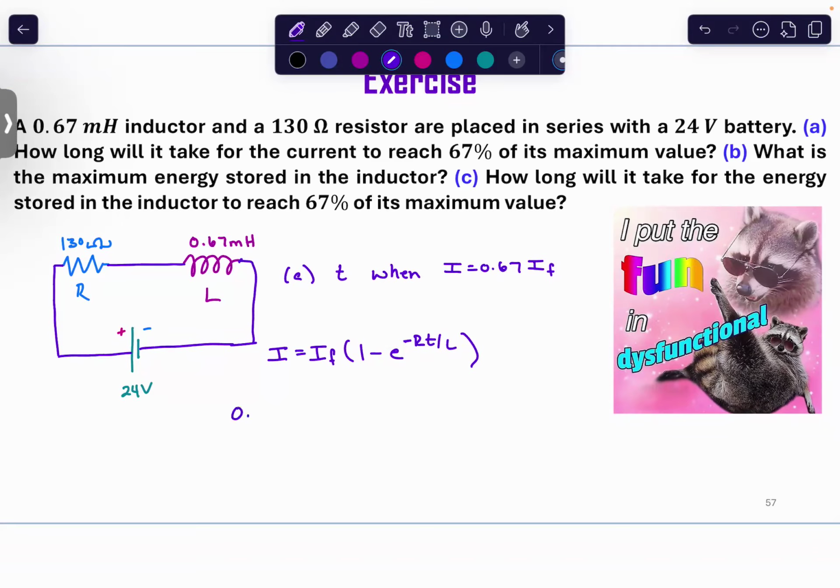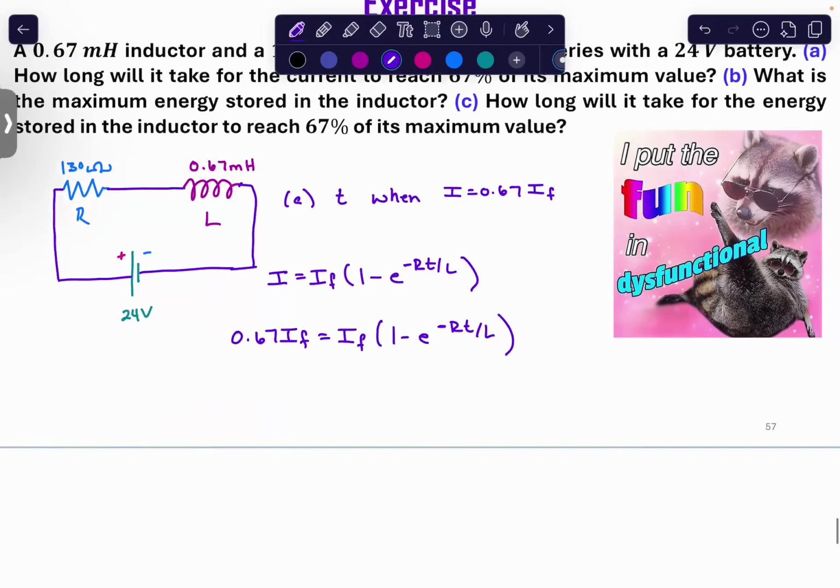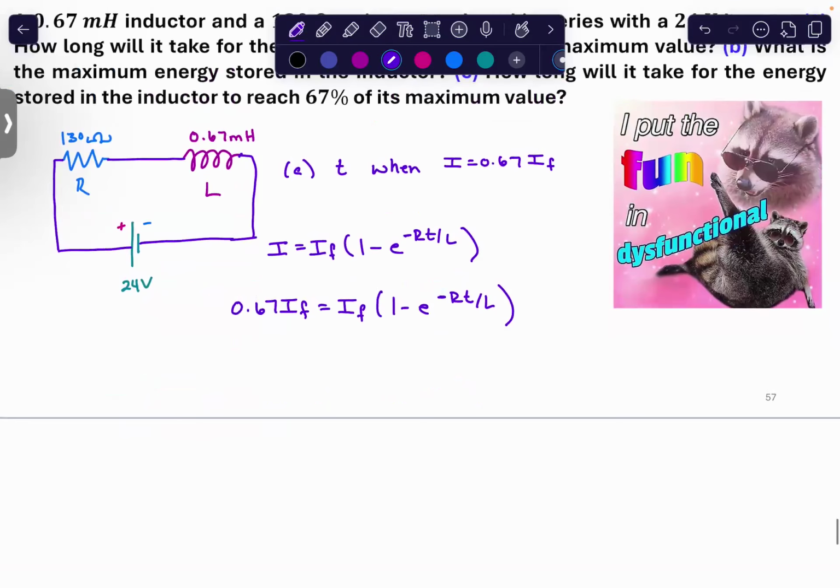So this is going to be 0.67 I_F. All right, so it's going to be 0.67 times 1 minus e to the power.